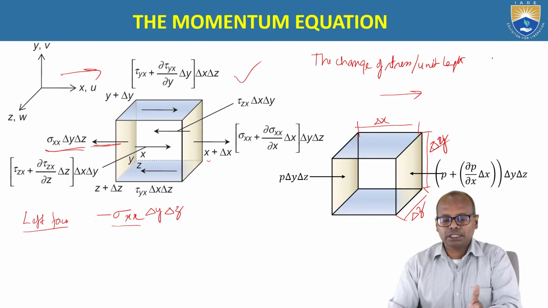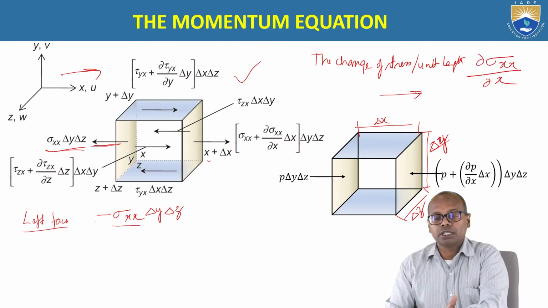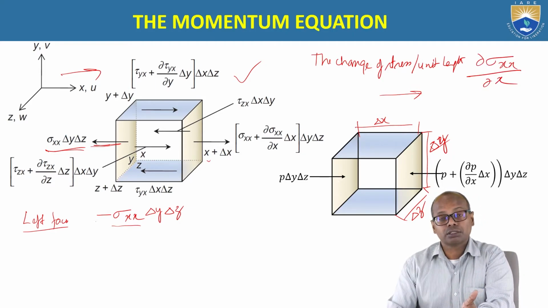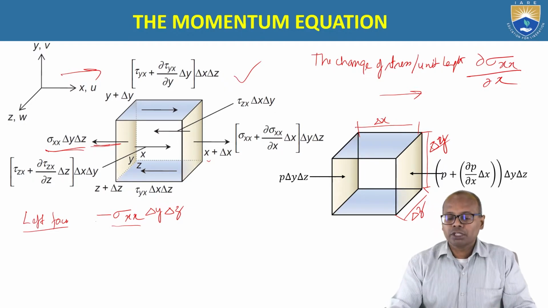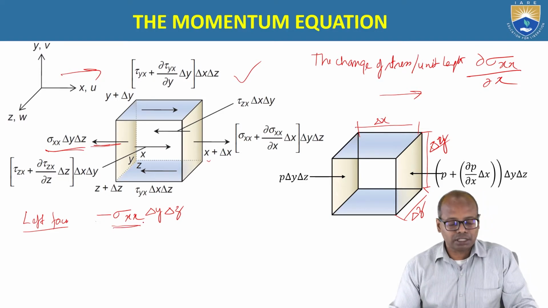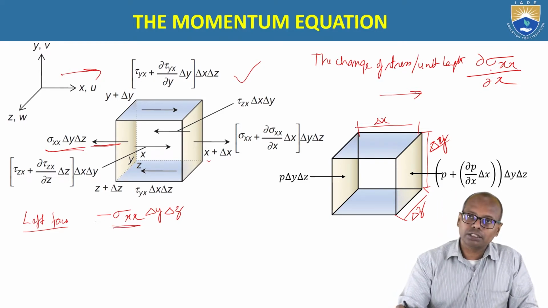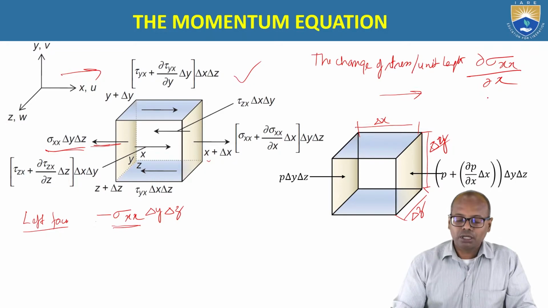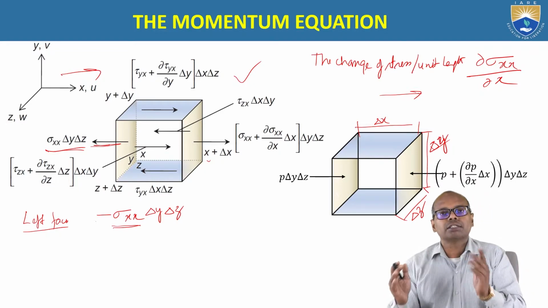I mean, it is not rate of change, it is a change of stress per unit length. Now which stress are we considering? We are considering the normal stress, and the change of stress per unit length is dou sigma xx by dou x.